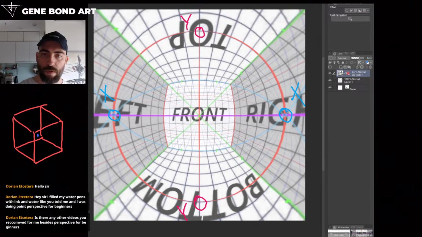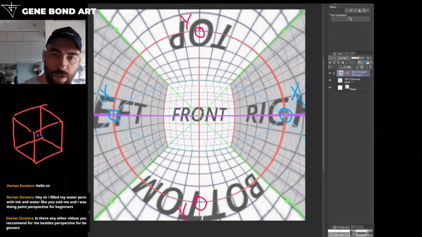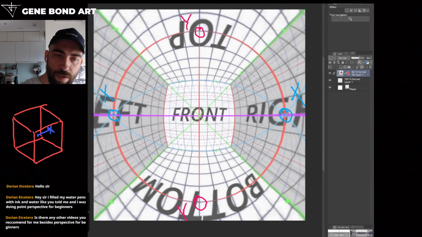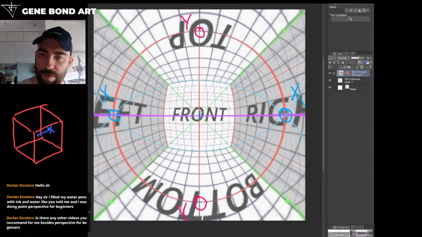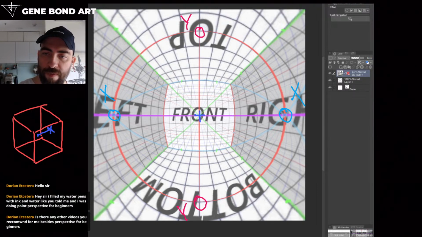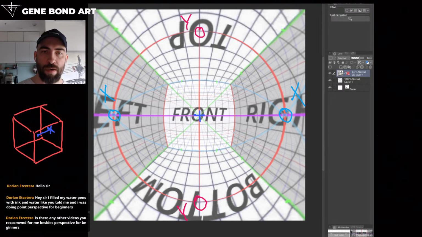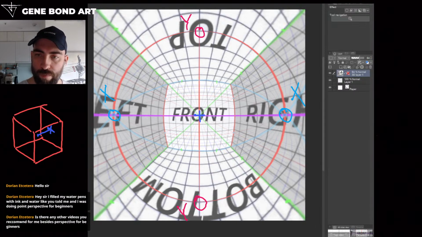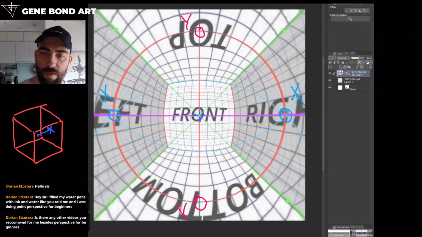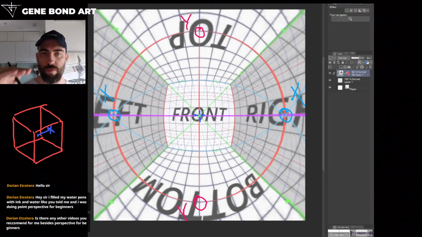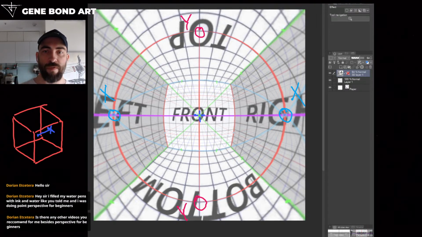So now you're looking straight. Your direction line of sight goes right to the center of this front wall, and in this case we will see the vanishing point. So in the middle of the cube's front wall we see the vanishing point.